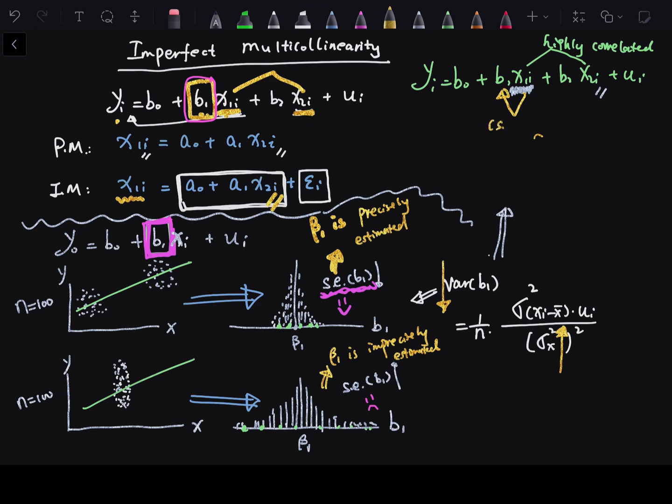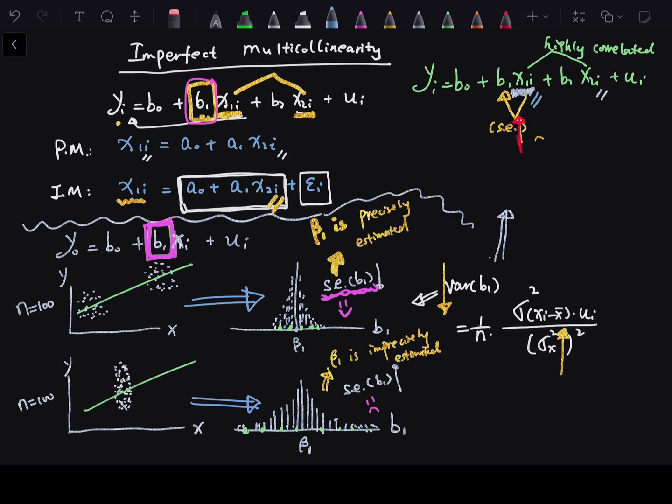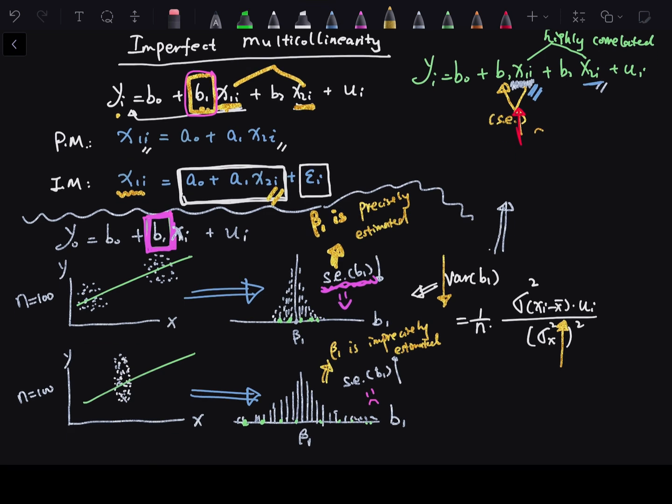So the standard error of B1 will be large. Same thing: when x1 is held constant, there's very little change in x2. So the standard error of B2 is also large. That is the consequence of imperfect multicollinearity.